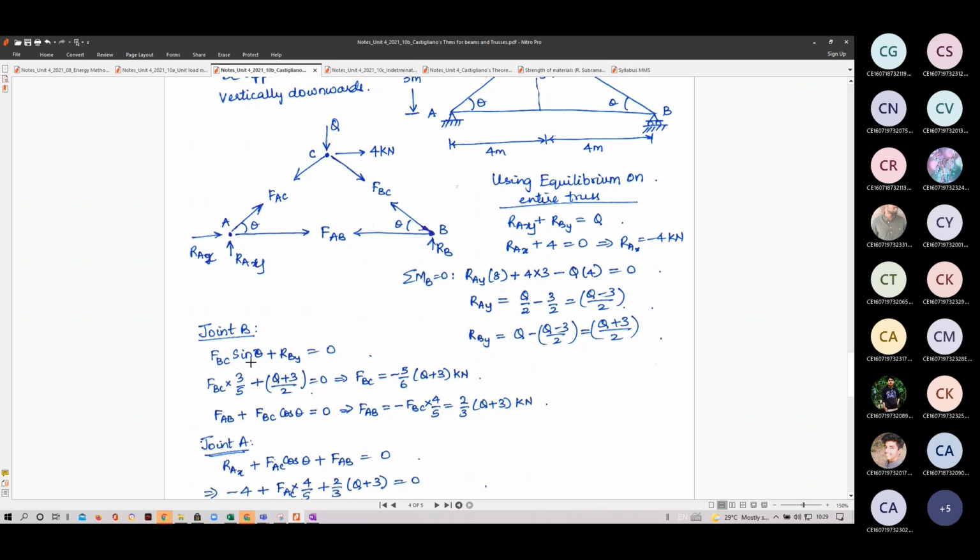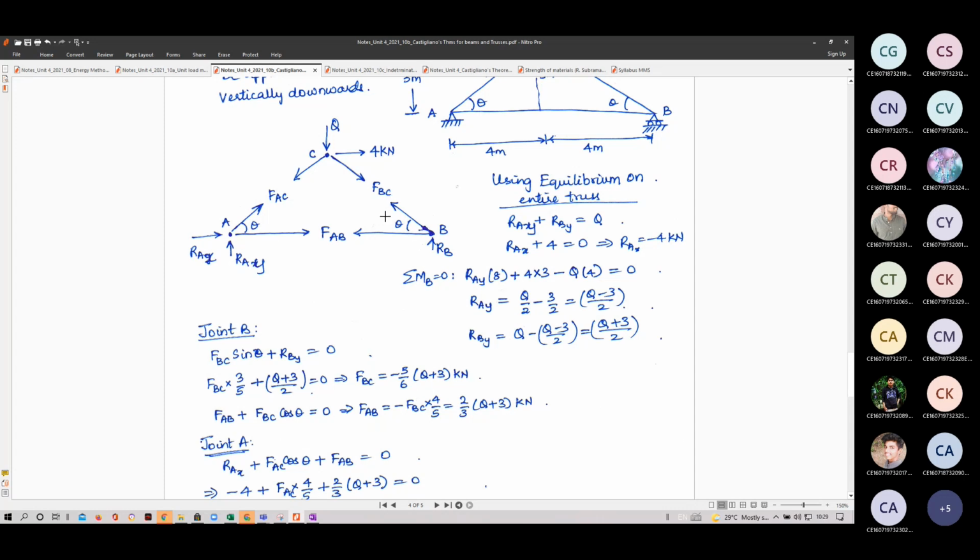So F_BC sin theta, which is 3 upon 5 as I mentioned earlier, plus (Q plus 3) by 2 equal to 0. That is R_By. So F_BC, simplifying, you get minus 5 by 6 (Q plus 3).